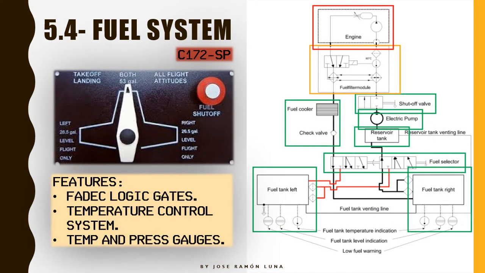This is the Cessna 172 SP that, as we said before, features FADEC logic gates or logic hydraulic gates that are going to make sure that the temperature control is good. We have this temperature control system and a lot of temperature and pressure gauges. Why?